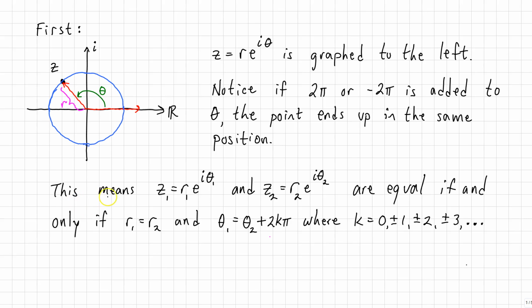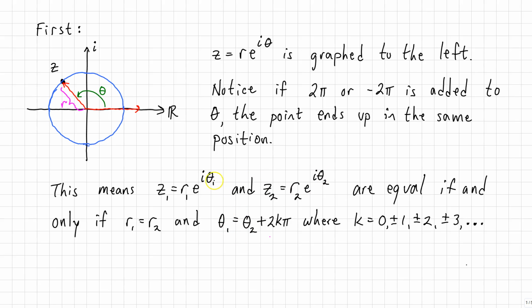So what this implies is two complex numbers in exponential form are equal if and only if their moduli are equal, so r1 equals r2, and if the arguments differ by a multiple of 2 pi. You could do it either way.